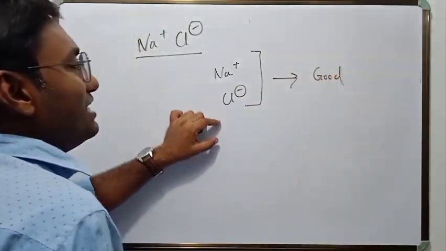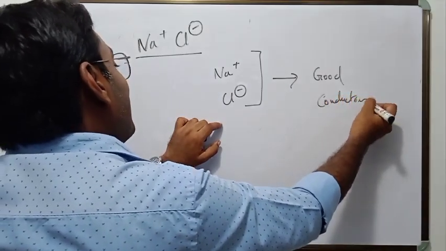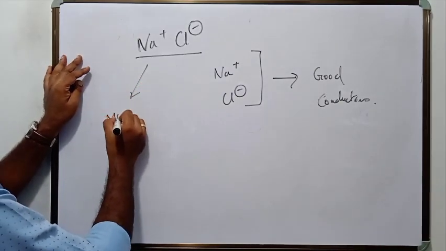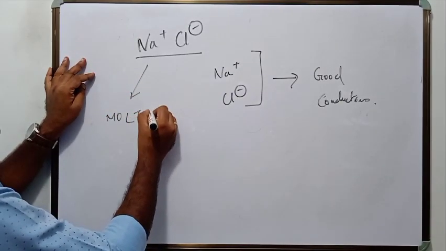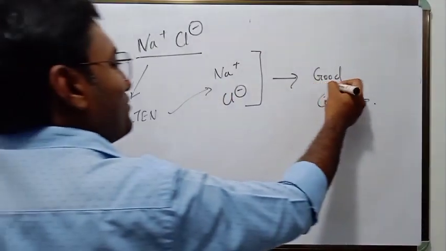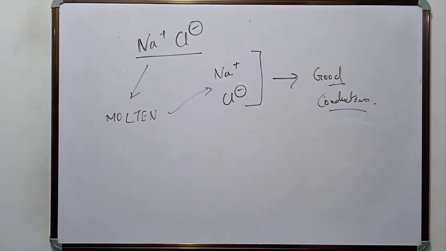If they are in the molten state, then also they will exist as ions, and they are good conductors of electricity. So in aqueous solution and in molten state, ionic compounds are good conductors of electricity.